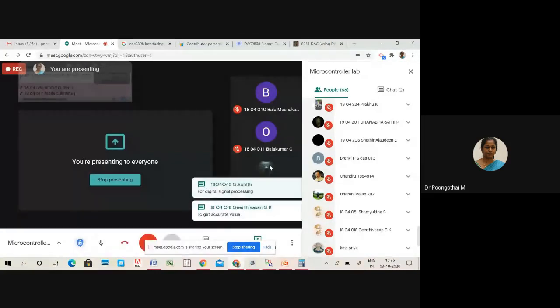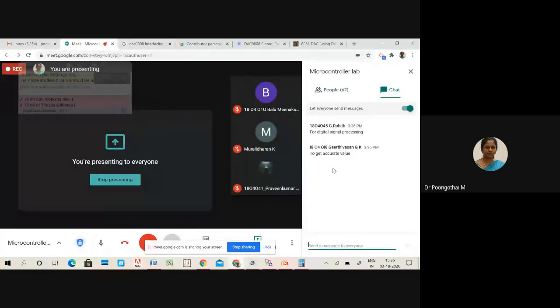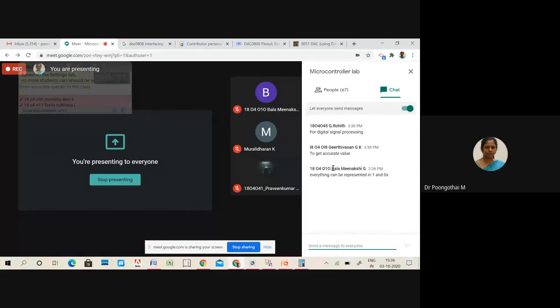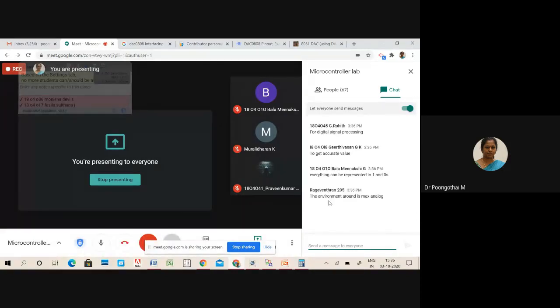For digital processing to get accurate value. Any other answer? Everything can be represented in ones and zeros. The environment, that is the right answer. The environment around us is mostly analog.